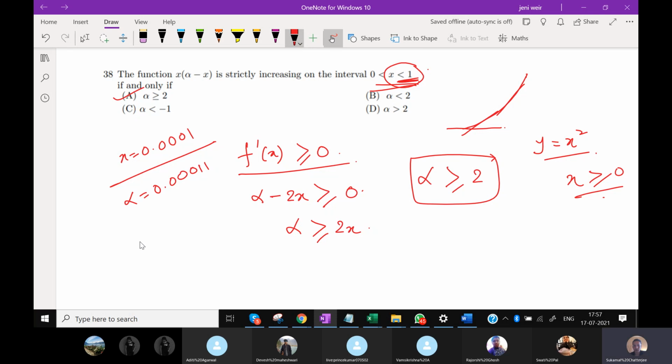If it is flipped around, if it was given x into x minus alpha instead of alpha minus x, then the derivative would be 2x minus alpha, right?